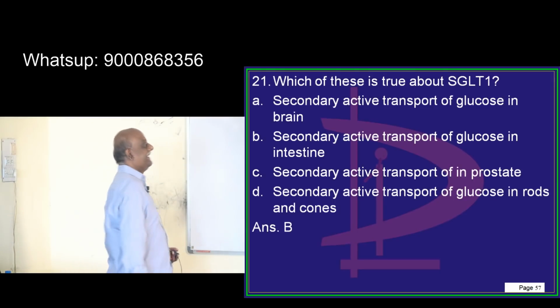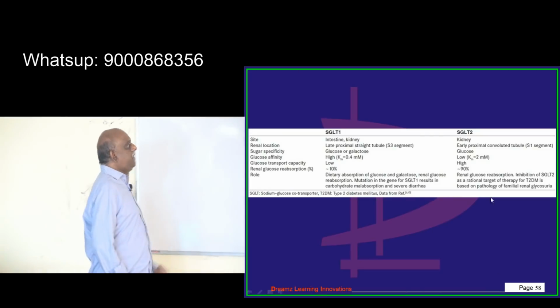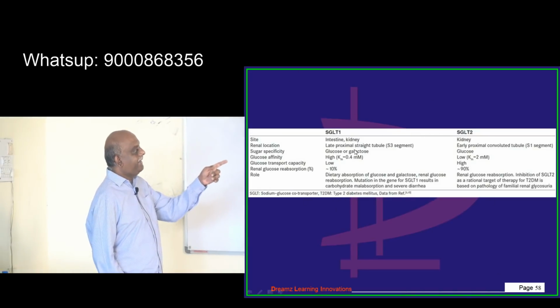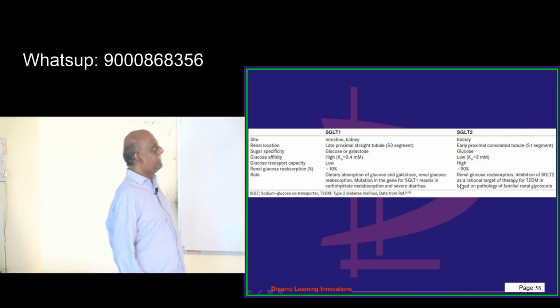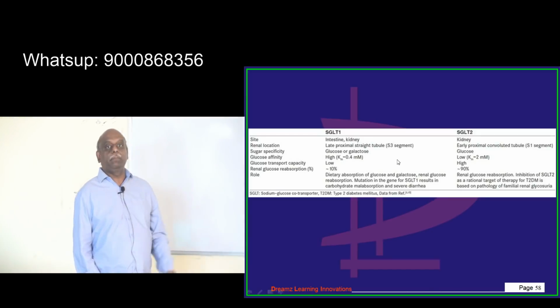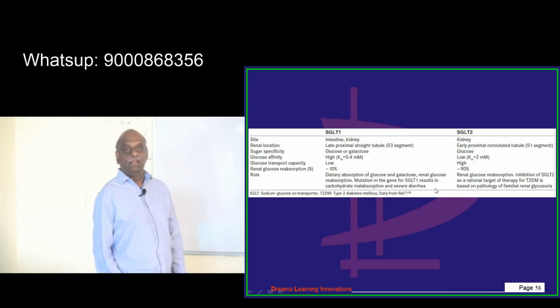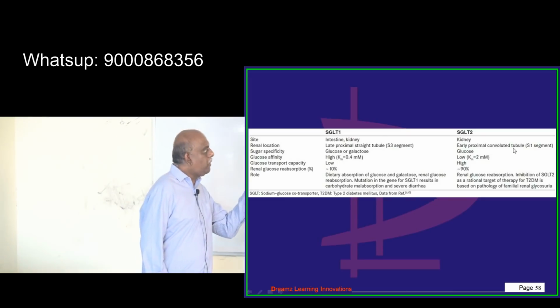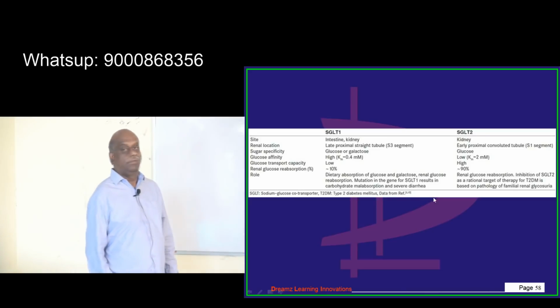So, it is the intestine. You have SGLT1 in intestine and kidney. SGLT2 in kidney. But SGLT1 is in the late part of the proximal straight tubule called S3 segment. And the early part of the proximal convoluted tubule, you have the SGLT2.